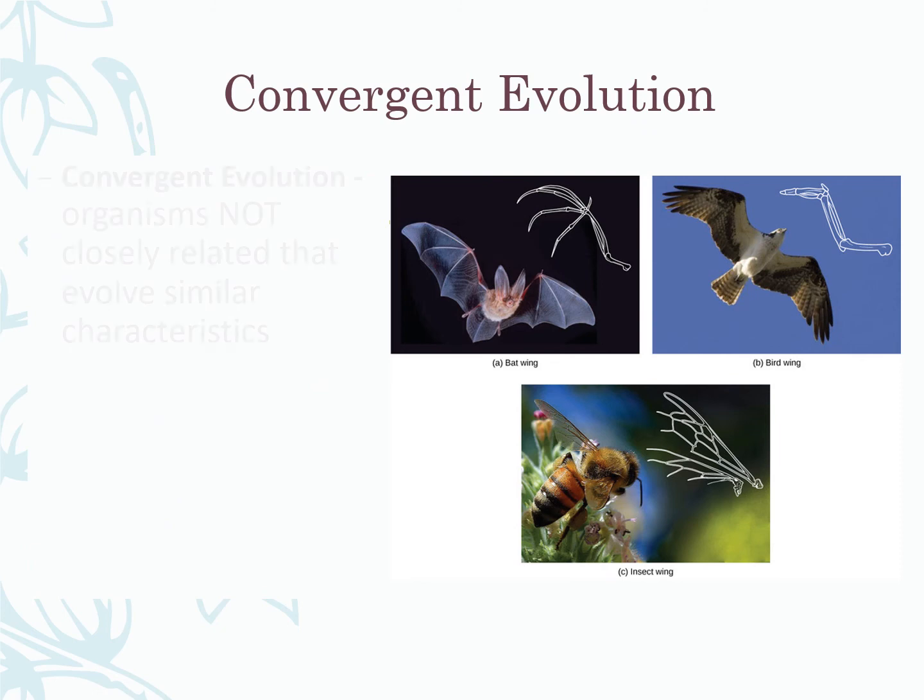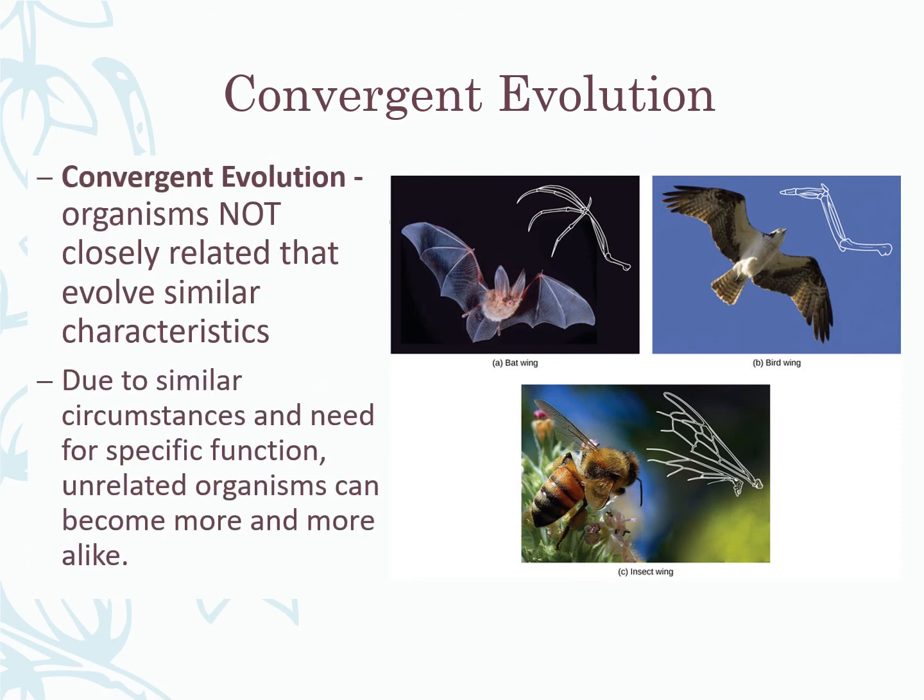Now we have convergent evolution. Convergent evolution is when organisms that are not closely related to each other have similar characteristics. Bats are not closely related to birds or bees, and bees are not closely related to birds or bats either. This refers to what we learned last lesson with homologous and analogous anatomy.